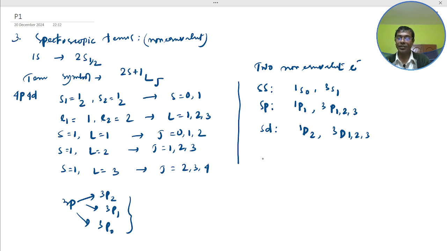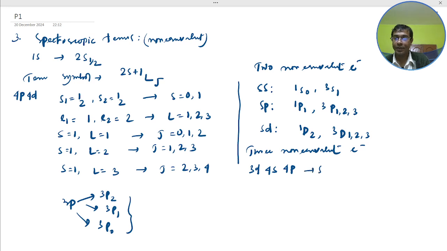And for the terms for three non-equivalent electrons, this is for the two-electron case, and for three non-equivalent electrons, basically such an example is 3d 4s 4p.